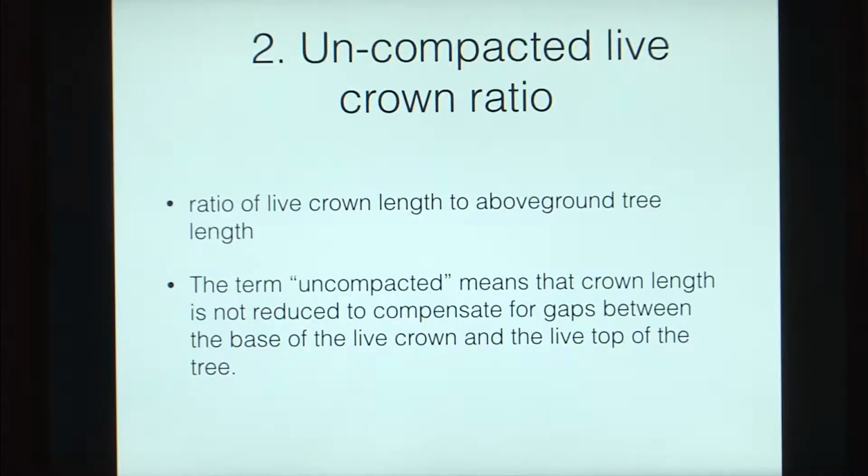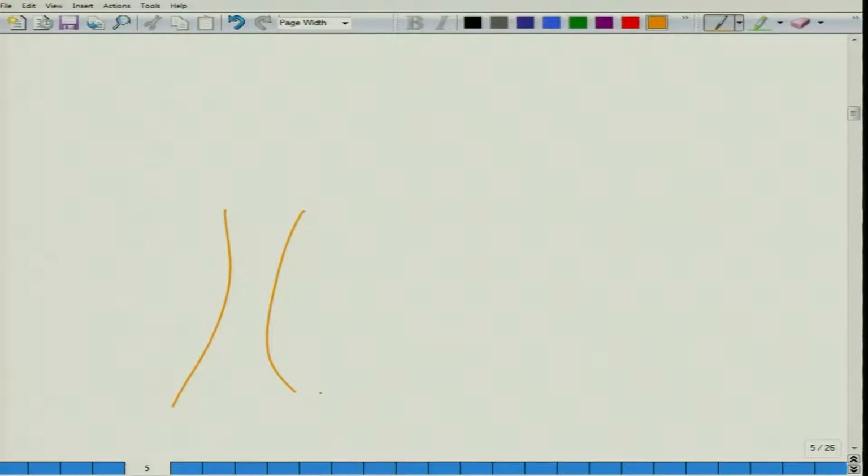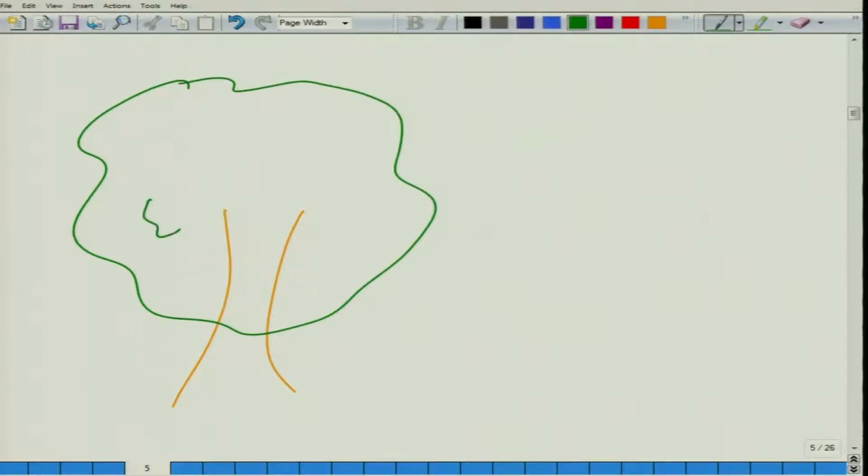So, essentially if we have a tree and maybe we do not have anything here, so this is a gap, but we are not going to subtract it from the canopy length, which is why it is called the uncompacted live ratio.